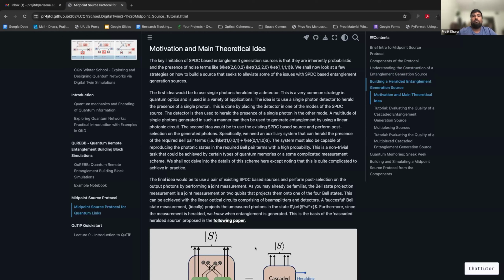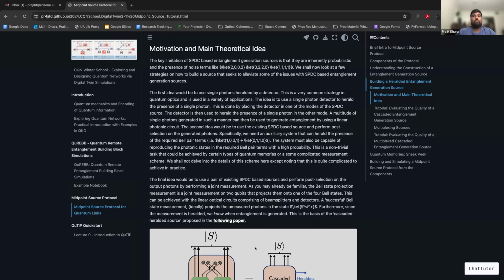So if I'm already given two Bell pairs that are, to a very high degree of certainty, good Bell pairs, the way you generate a single Bell pair from them is to make a joint measurement on two qubits simultaneously from the two separate Bell pairs. And the unmeasured qubits are projected onto a Bell pair.